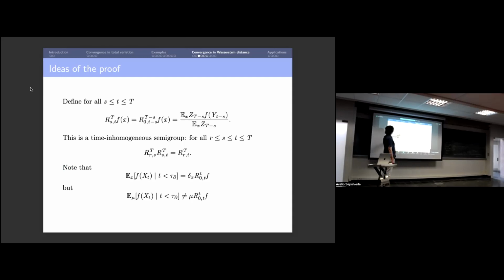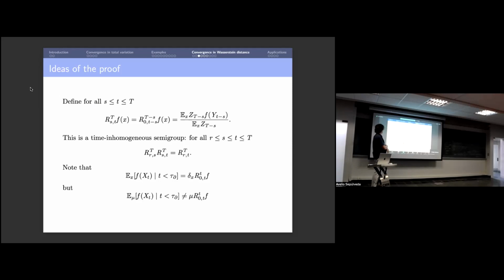Stated probabilistically, R_{s,t}^T of f of x is just the expectation of f of X_t, starting from x at time s, given non-absorption at time T, which is later. So if you let T be fixed and make s and t vary, this is a time-inhomogeneous semigroup.